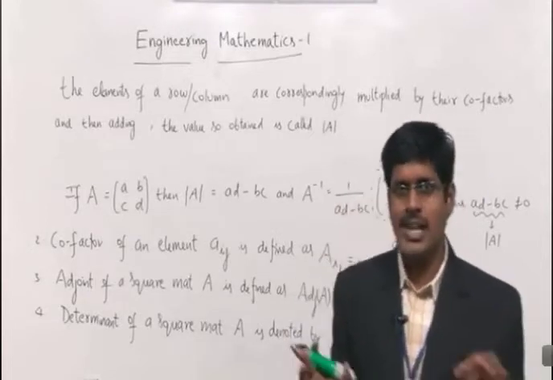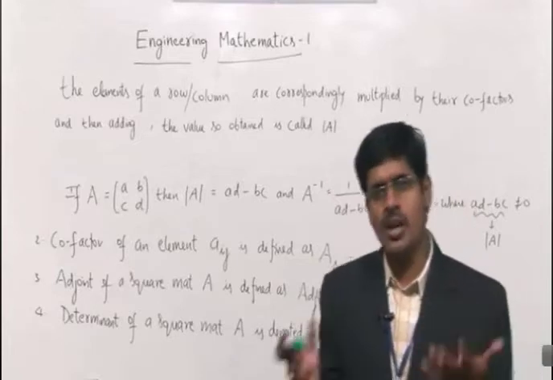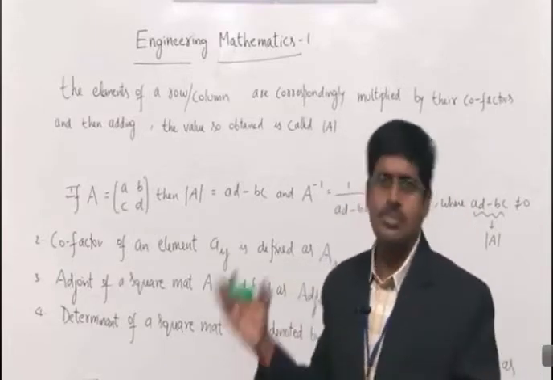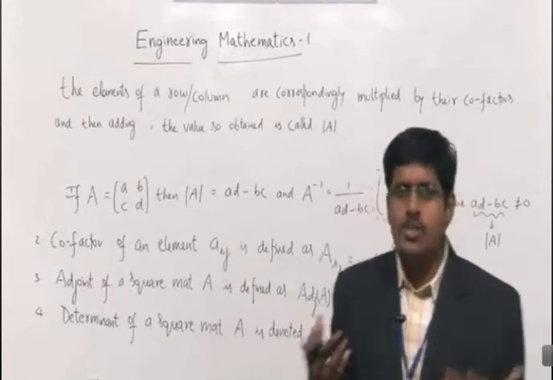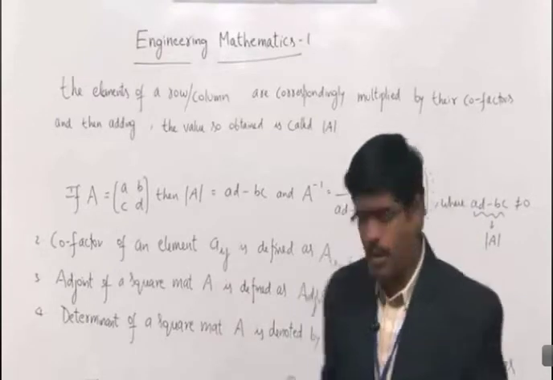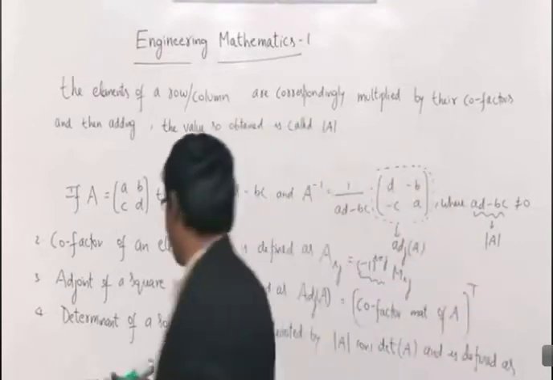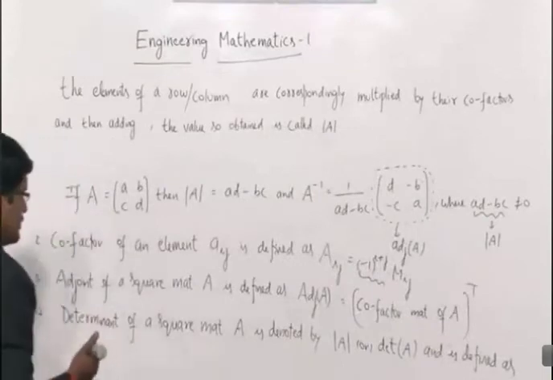So try to select a row which contains small numbers or zeros. If they do not contain zeros, then it is the usual procedure only: every element multiplied by its cofactor and then adding. Or try to bring zeros using row operations and column operations. I will show you in problems. Okay, higher order determinants, how to expand all this. But I already gave the 2 by 2 determinant, this one formula.